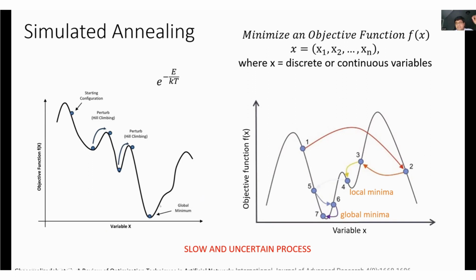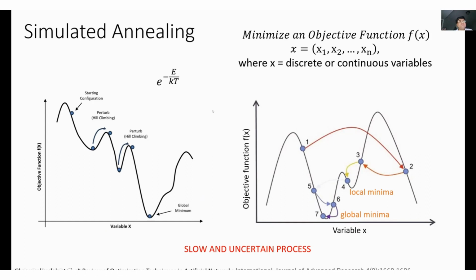You can do something like simulated annealing, and what simulated annealing really does is that you basically have a Boltzmann factor, and that Boltzmann factor means that you accept or reject a solution not just on the basis of whether it is lower or higher in energy, but with a Boltzmann probability.